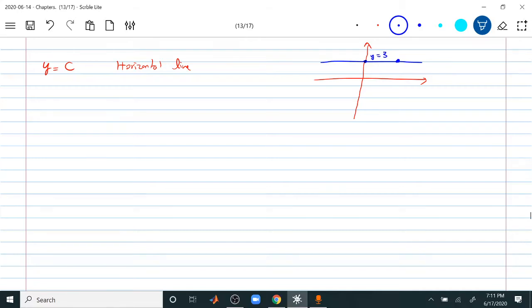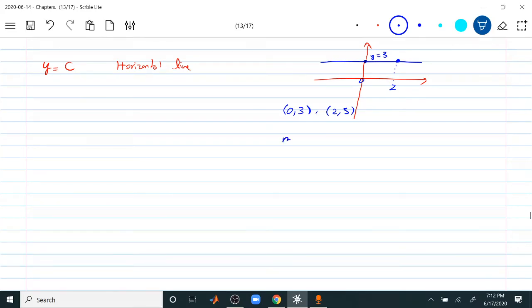What are the coordinates of these 2 points? This is whatever number you want. This one is 2, this one is 0. So what are the coordinates of those 2 points? 0 and 3, and the other one, 2 and 3. The y value is fixed because it's a horizontal line.